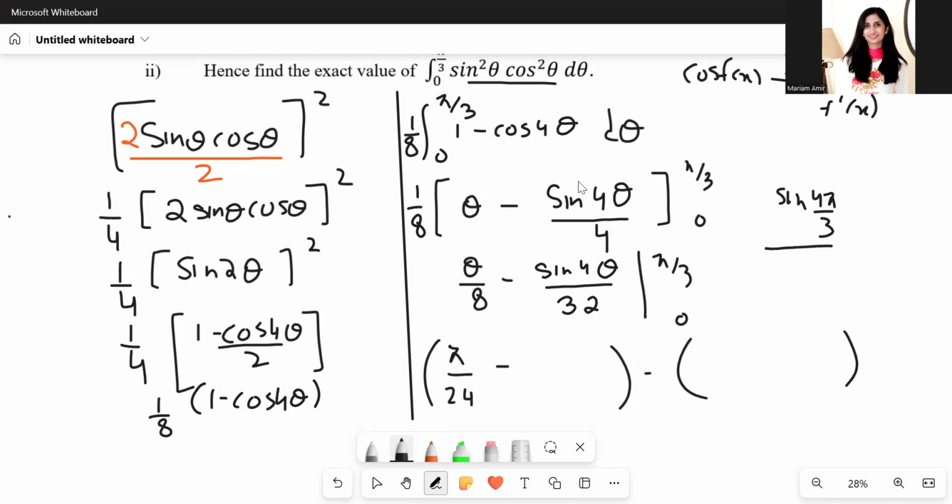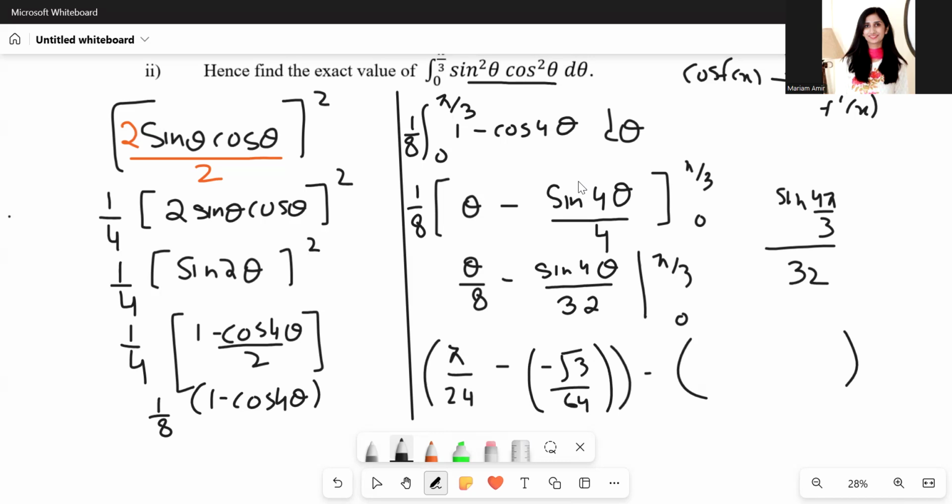And then we'll do it over 32. Let's find it out. sin 4π/3 over 32 is coming out to be negative √3/64. So we'll get a negative √3/64 here.